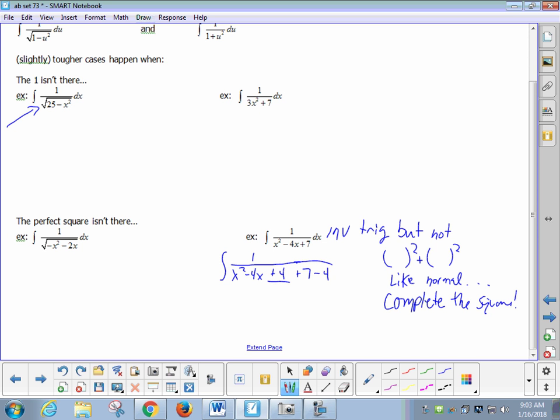I think you'll agree that there was no net change there. If I combine my terms back, I would be right back to where I started. So I have not changed the problem other than the looks, but the value is still the same. The reason I do that then is so I can write this as the square of x minus 2, plus 3. Now we're rolling.